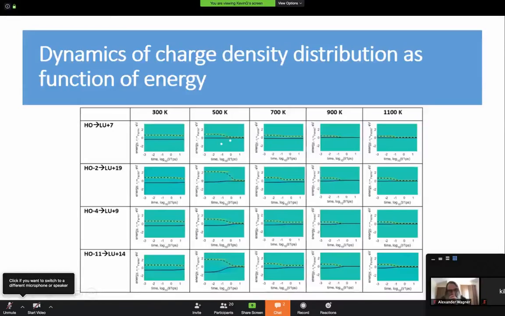So you see no change with respect to time. The energy just remains constant. However, as the temperature increases, you see that the energy changes with time, and it even starts to change faster.